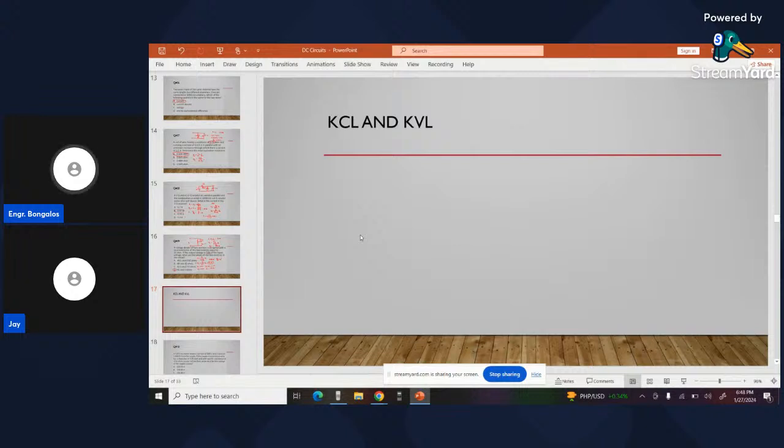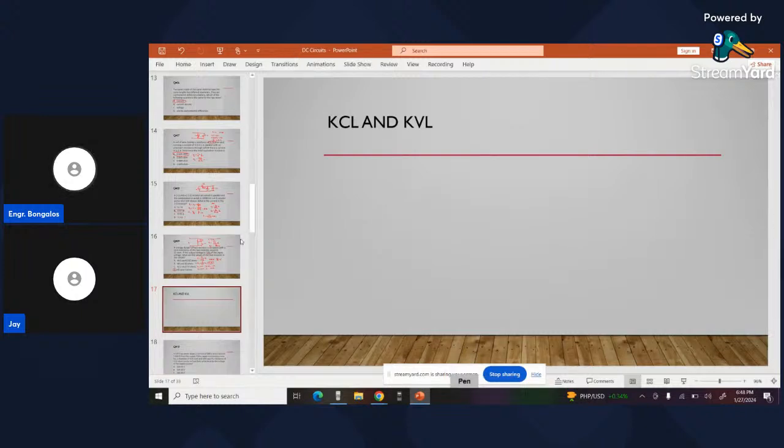Okay, so punta tayo sa KCL and KVL. So, pag sinabing Kirchhoff's voltage law, sabi dito, this law states that the sum of all voltage within the loop is equal to 0.